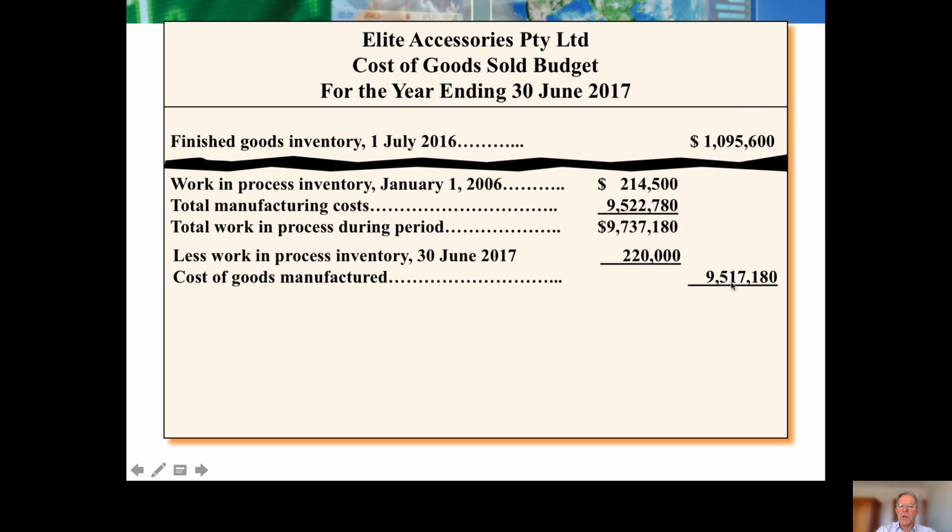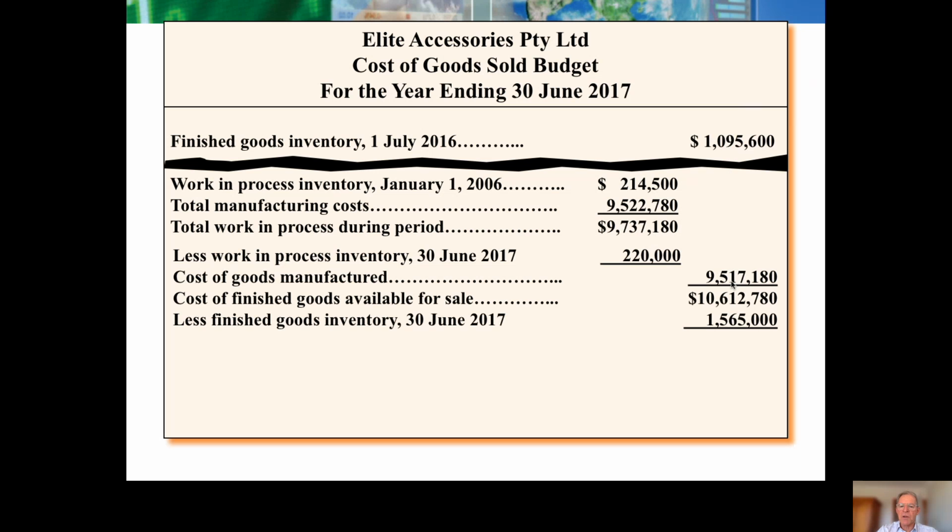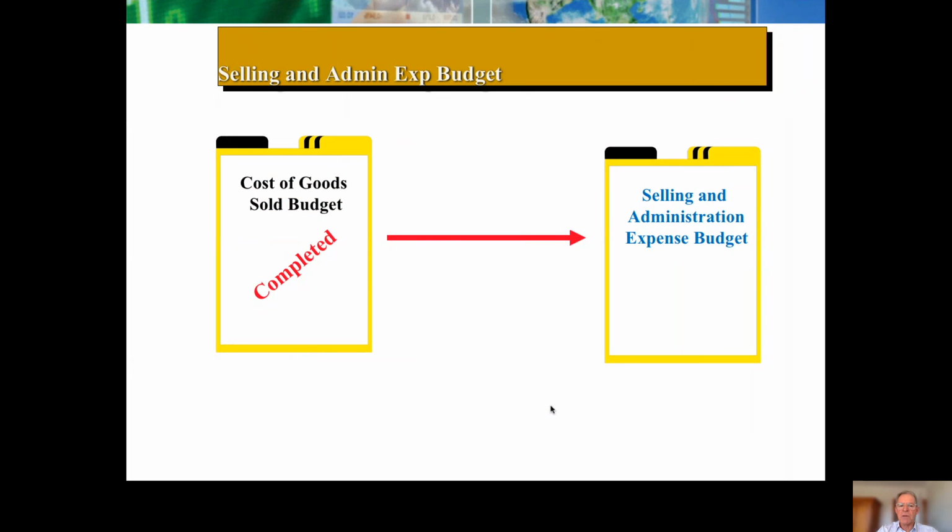Opening stock of finished goods plus cost of goods manufactured minus closing stock of finished goods will give us the cost of goods sold. So we've got right down to the cost of goods sold budget. We're very close to the end. Done the cost of goods sold budget.